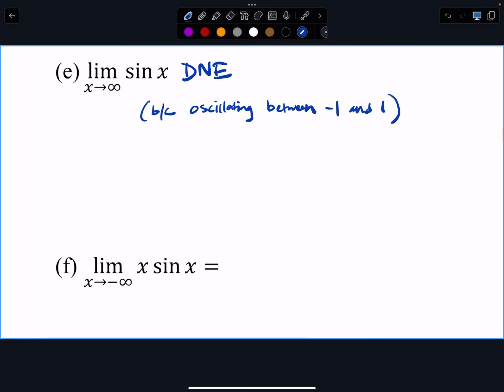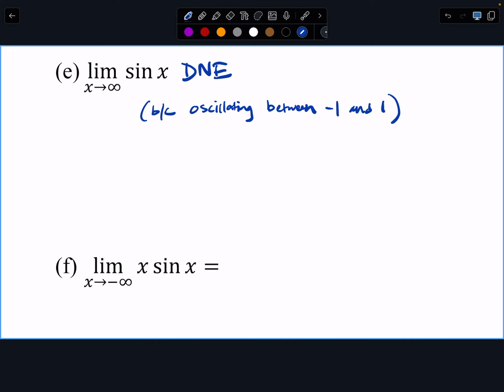Okay, next one is also really interesting. So you look at this and you're like, okay, as x approaches negative infinity, sine would be oscillating between -1 and 1, right? But then as x is approaching negative infinity, those values between -1 and 1 are being multiplied by the x value, those really large negative values.